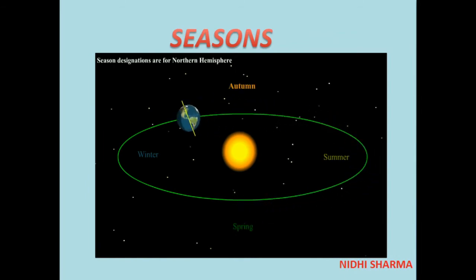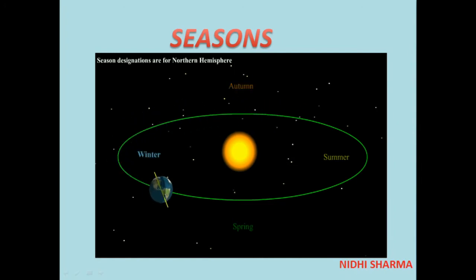Now, we know that the equator divides the earth into two halves known as northern hemisphere in the upper part of the earth and southern hemisphere in the lower part of the earth. So see how the earth is moving on its orbit, and as it is moving the seasons change.